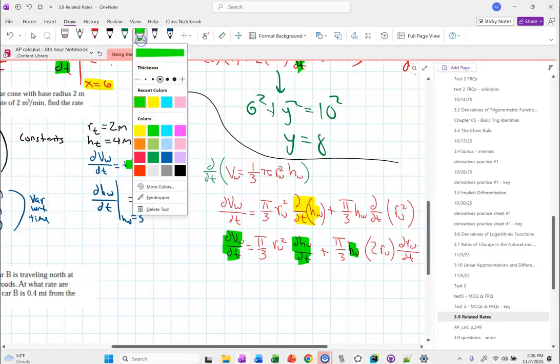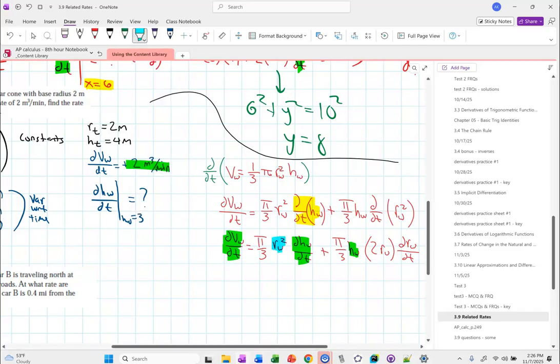We got trouble. Big trouble. Trouble in River City. Do you know RW? Do you know DRW dt? Do we have any way of figuring those out? No. We're at an impasse.